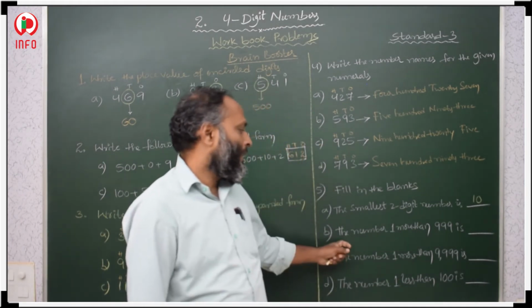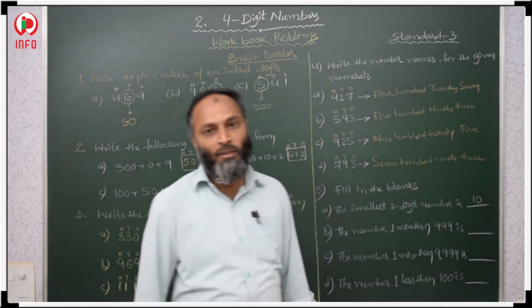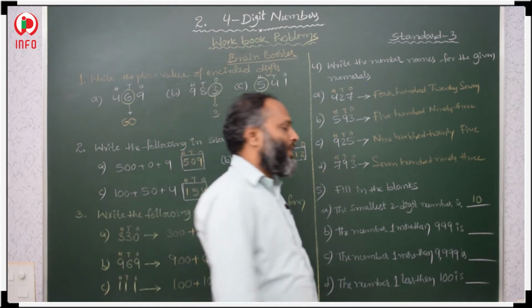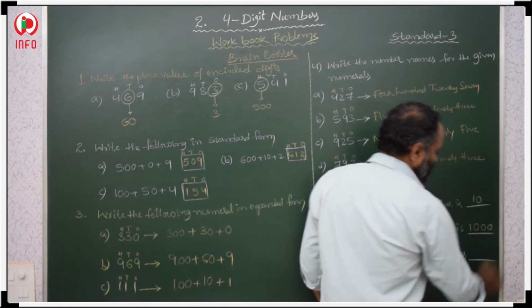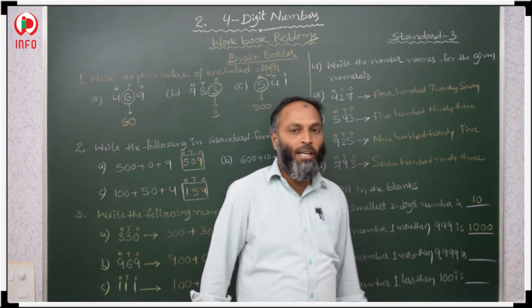Next, the number one more than means we have to add plus 1. 999 plus 1 is 1000. If we add 1 to 999, then you will get 1000.